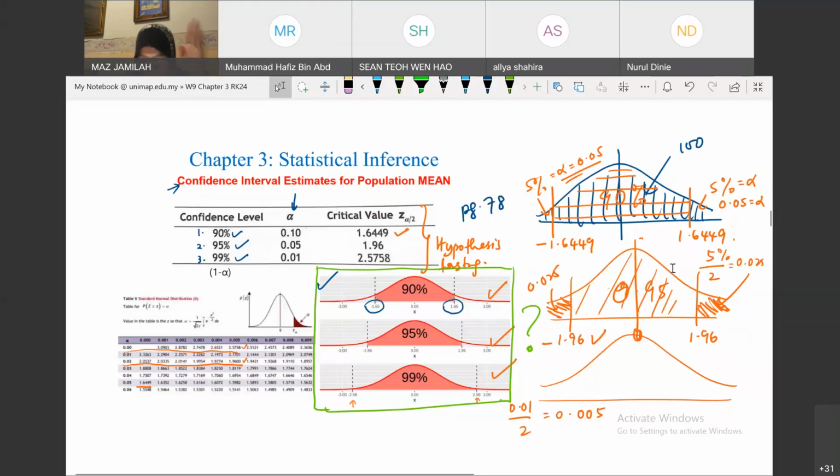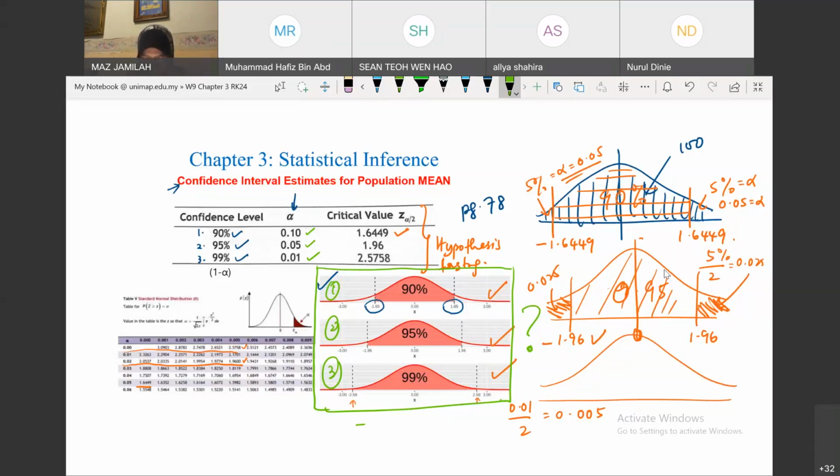Okay, almost correct. If you compare these three diagrams, what can you observe, class? If you are talking about 90%, 95%, 99%, the alpha here is 10%, 5%, 1%, right? If our confidence level becomes larger, meaning that if we increase our confidence level, what happens?